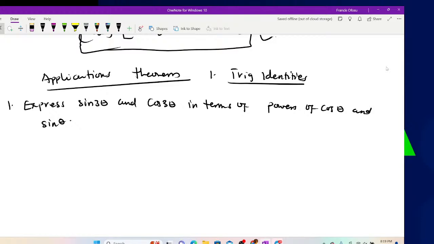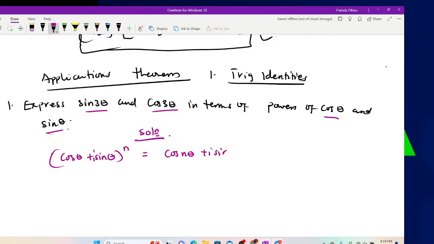So the problem here is express sine 3 theta and cos 3 theta in terms of powers of cos theta and sine theta. Watch closely as I solve this problem. So for the solution, I have sine 3 theta and cos 3 theta. By De Moivre theorem, if you have (cos theta plus i sine theta) all to the power n, the answer is cos n theta plus i sine n theta.